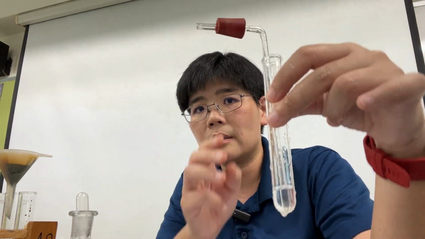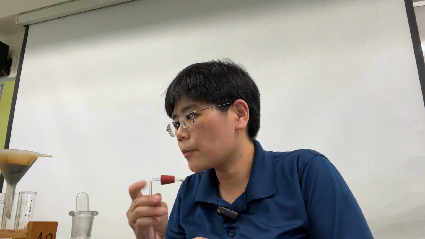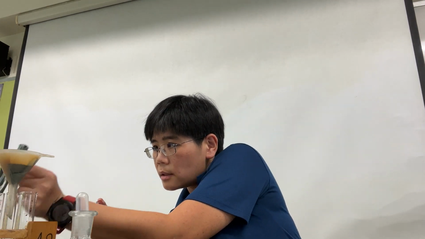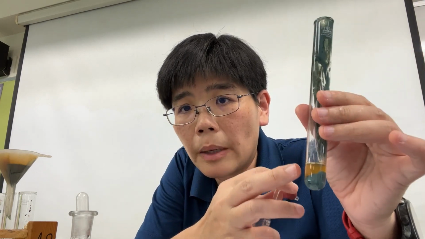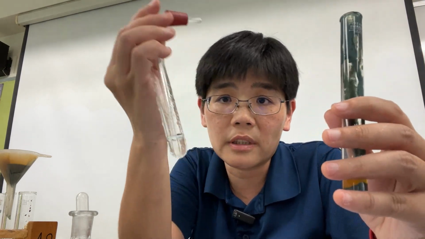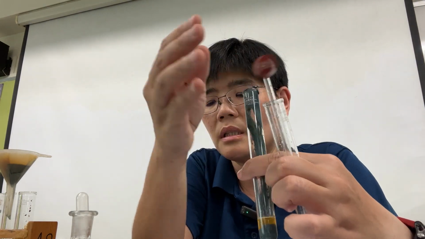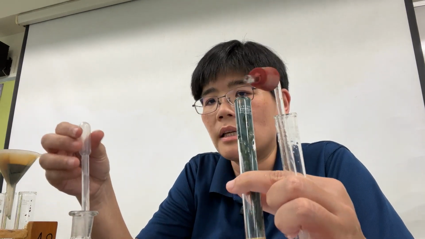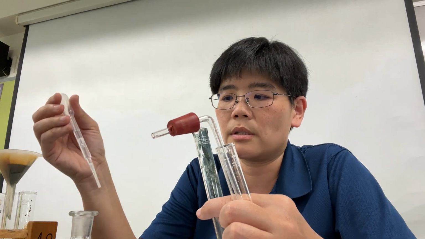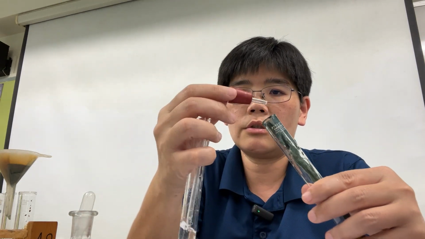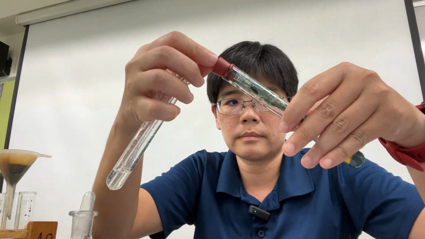Put the delivery tube into the lime water test tube. This is the lime water test tube setup. I'm going to connect and test for the gas. So like just now, I'm going to again generate more of the bubbles so that it can be passed through the lime water, and then I hope to test for the presence of a white precipitate. So let me try this.